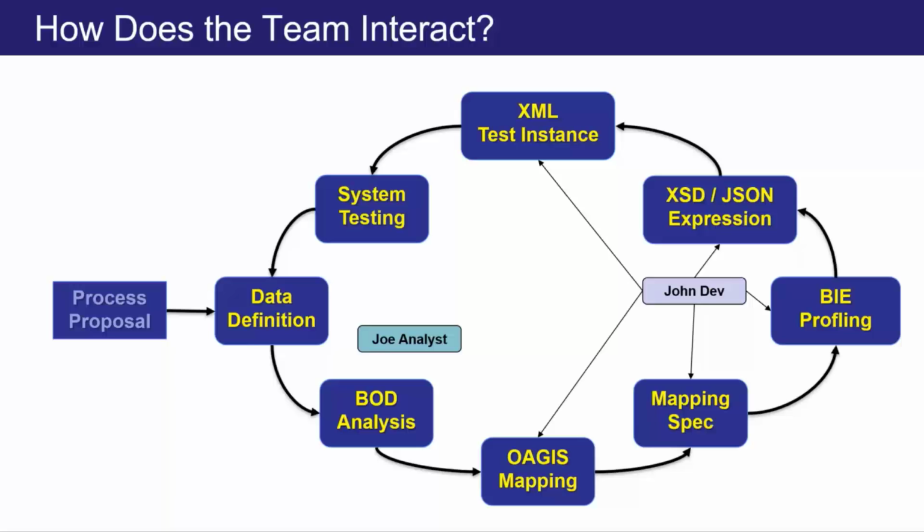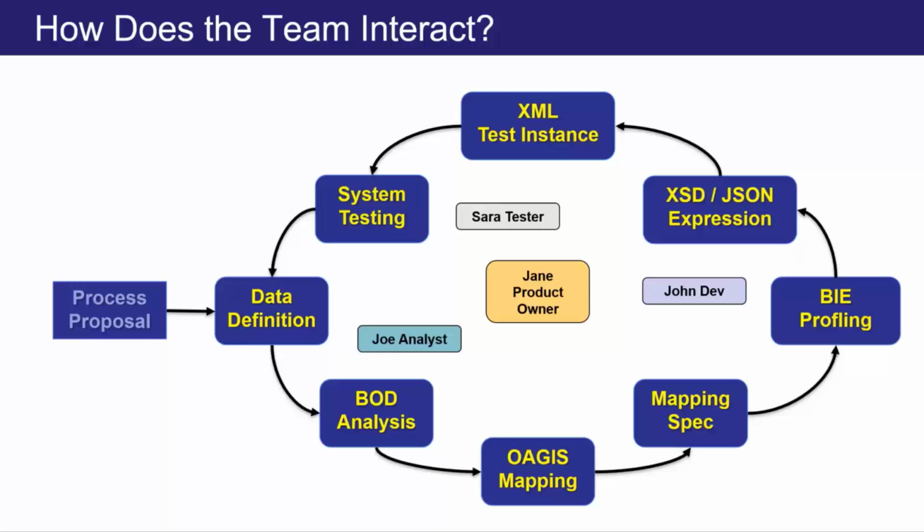And then John can also have permissions to generate an XSD or JSON expression. And then John will develop an XML test instance document or JSON test instance and give that over to Sarah, the tester. Now, Sarah doesn't necessarily have to work within Score.